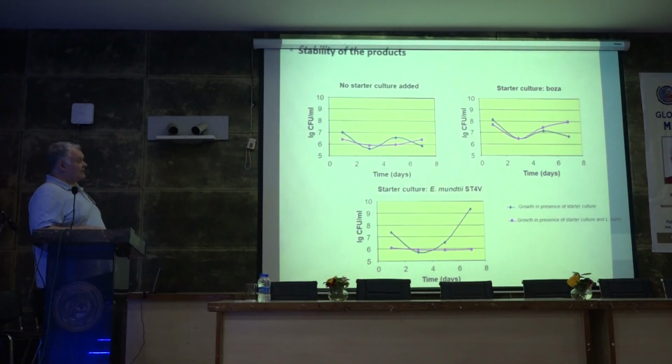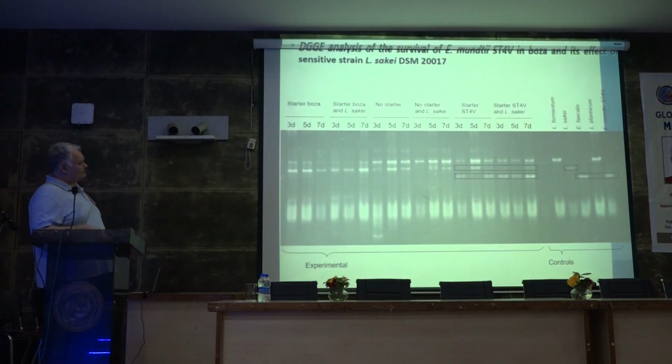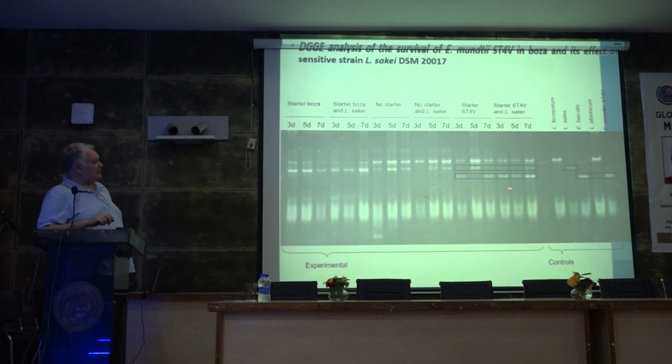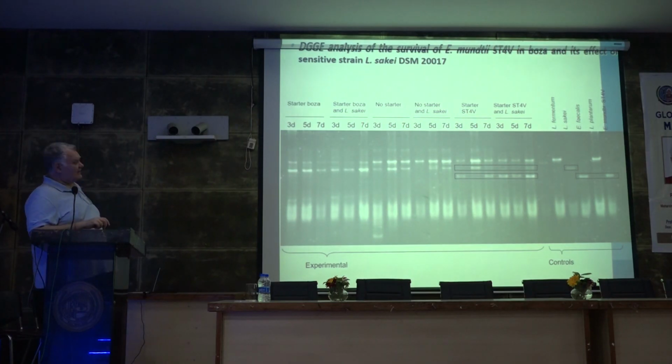They're growing quite acceptably. You have good population numbers of the microorganisms. And then you have the DG. In this case, I don't care about the disappearance of Lactobacillus acti because it's not my objective. My objective in this case is to have Enterococcus multi present in the system.